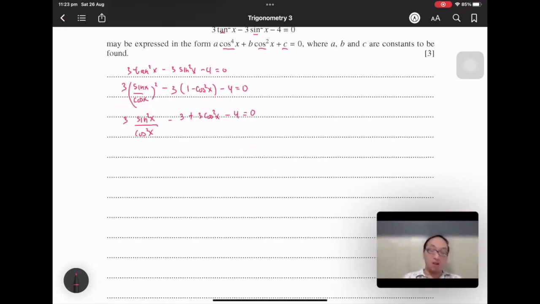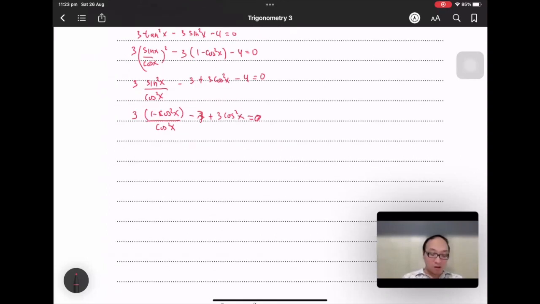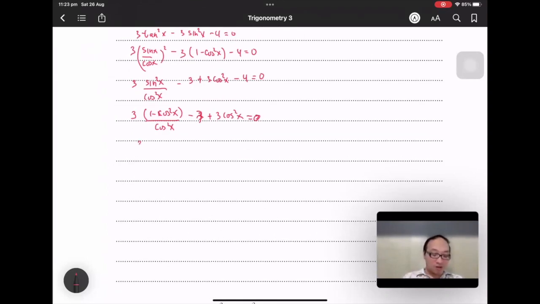And I have sin squared again, so change again: 1 minus cos²x over cos²x, minus 3 minus 4, so minus 7, plus 3 cos²x equals 0. So now I will have (3 minus 3 cos²x) over cos²x plus 3 cos²x minus 7 equals 0.